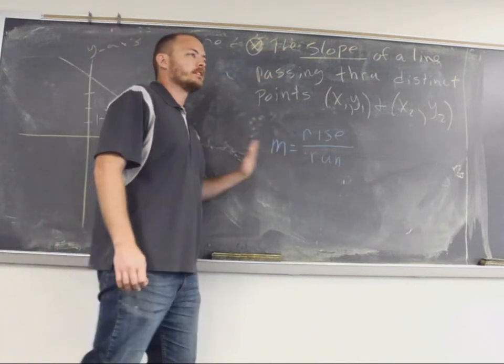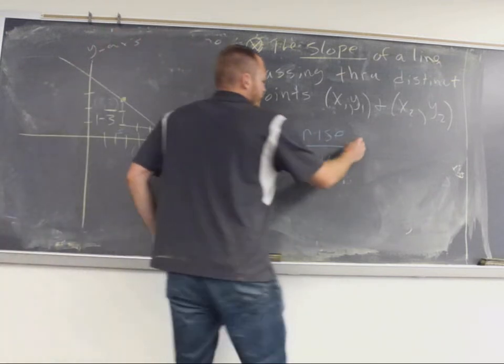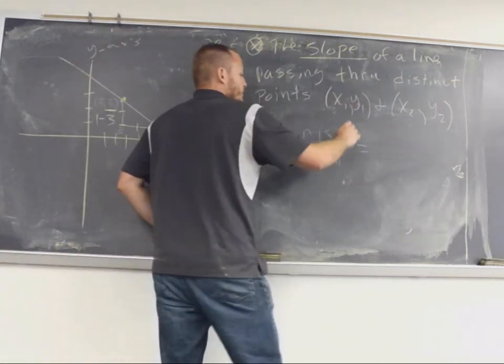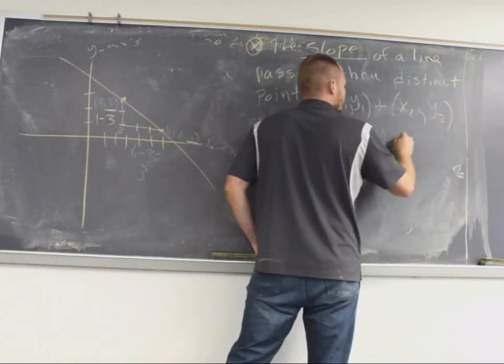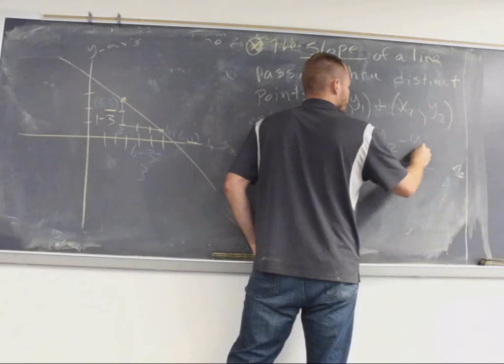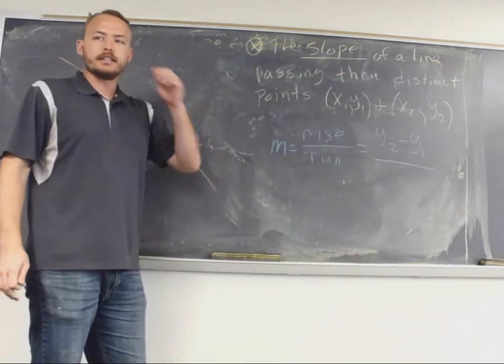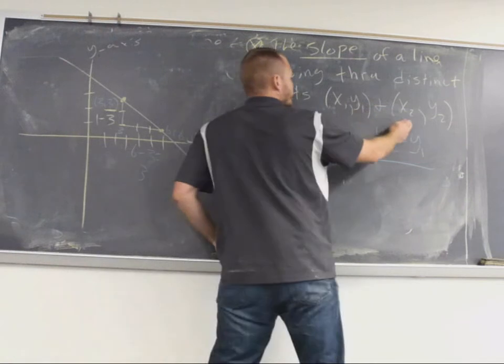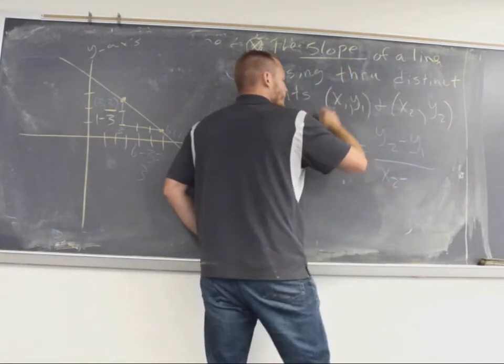Remember, the run is the changing of the x values, so we need to subtract those values. So the rise, which is the y values, means we're going to do y2 minus y1. And then on the bottom, the run, we need to subtract the x values, which is x2 minus x1.